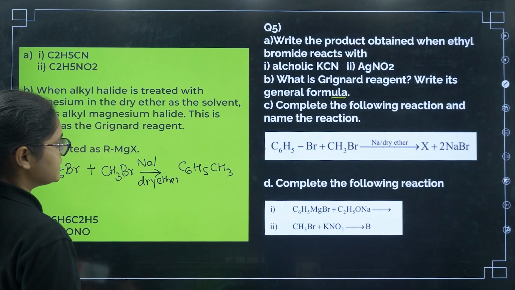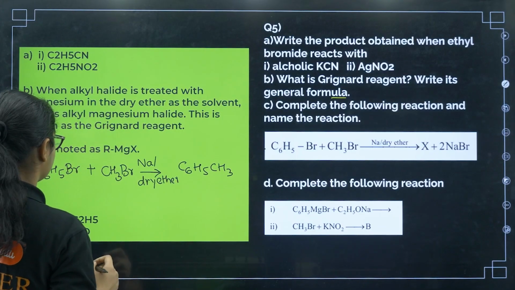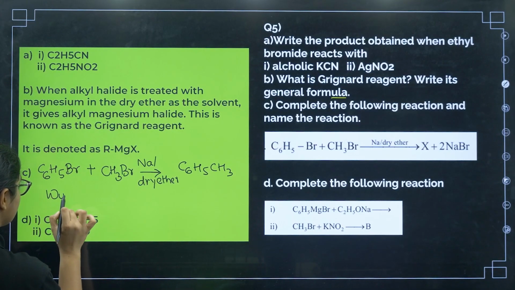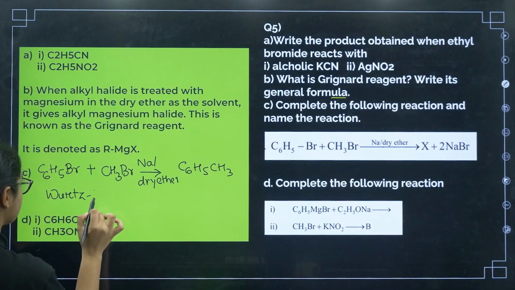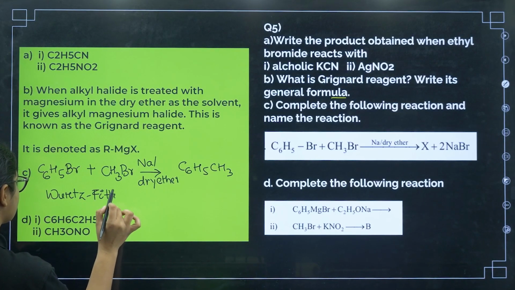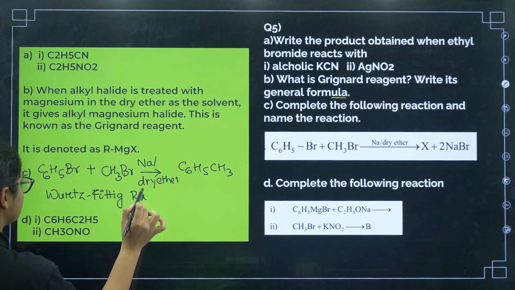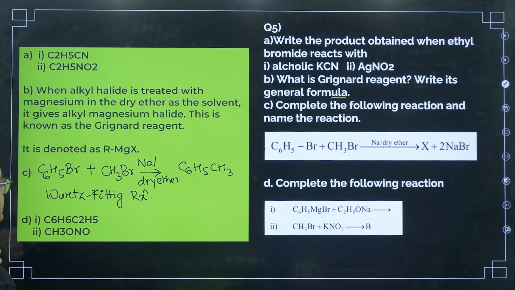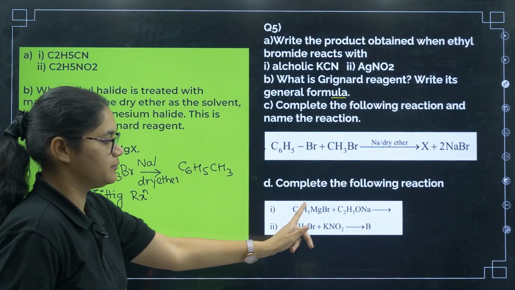This one is your product, and the name of this reaction is Wurtz-Fittig reaction.